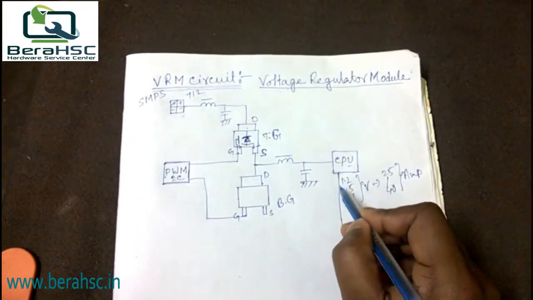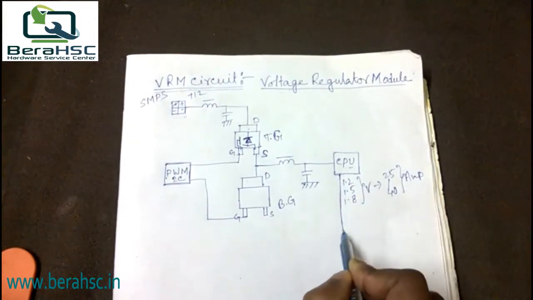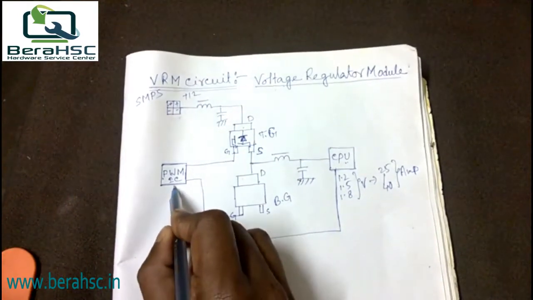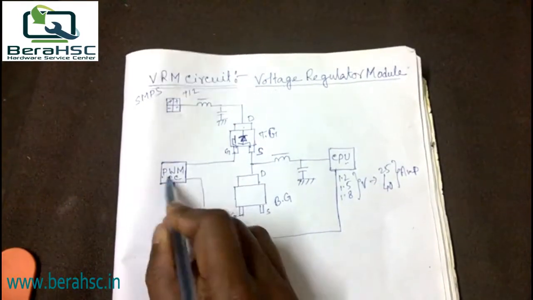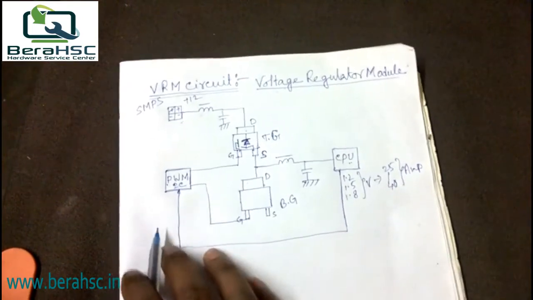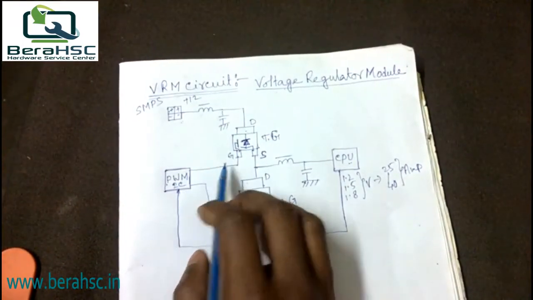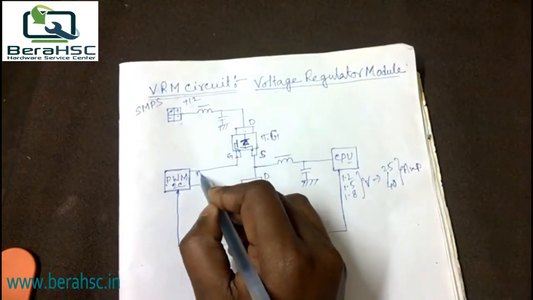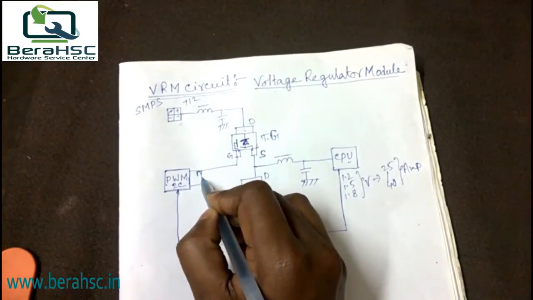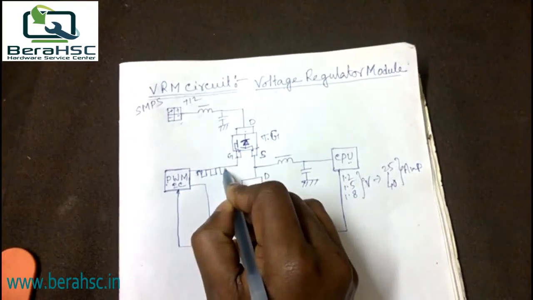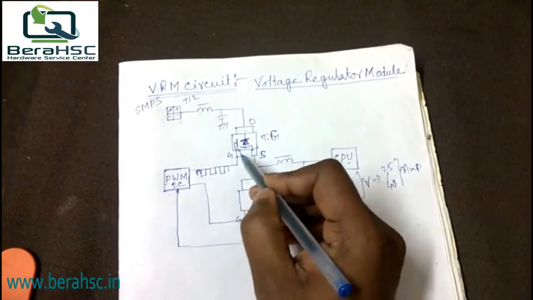After that, the processor generates a signal and sends it to the PWM IC. Then the PWM IC decides and a signal goes to the gate section.